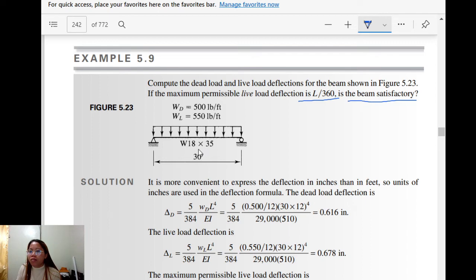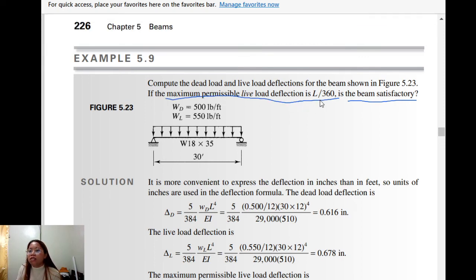Then you have to check if this beam is okay, given that the maximum permissible live load deflection, take note of this one, is L over 360.